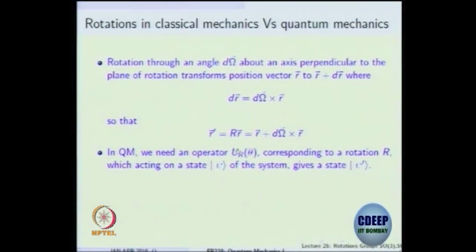In quantum mechanics, what do we want to do? We want to write a unitary operator for rotation by an angle theta. The subscript is for rotation, corresponding to a rotation R in physical space, which when it acts on a state psi takes it to a new state psi prime.